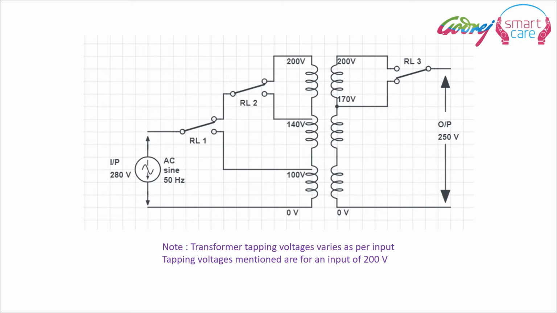That means here the step down activity of the transformer is taking place through a step down secondary winding. This is how it works.